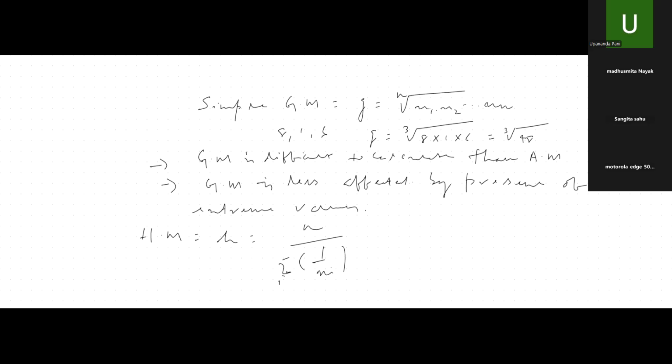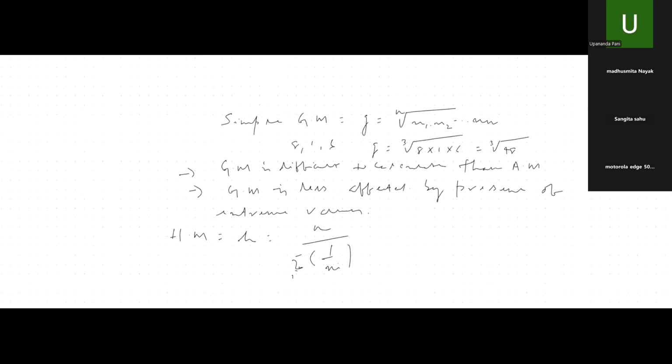Harmonic mean is of very limited use, but from the exam perspective, like NET or any other exam, you should remember that arithmetic mean will always be greater than geometric mean, which will always be greater than harmonic mean.